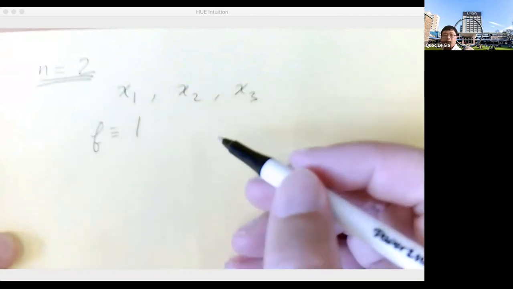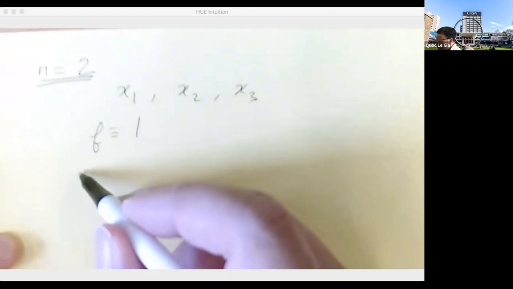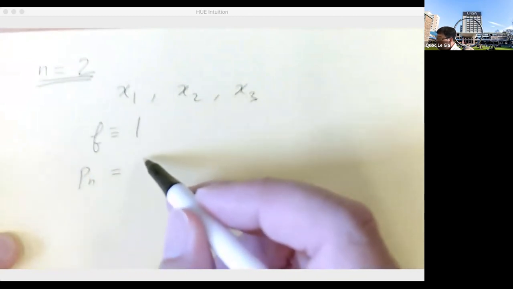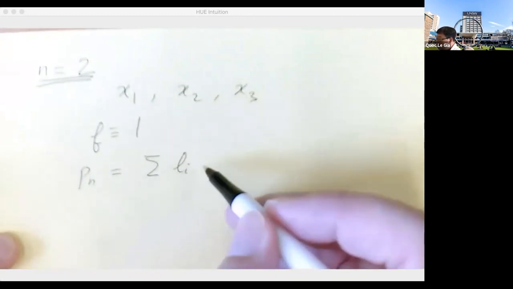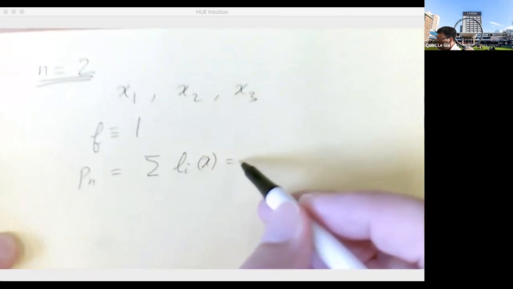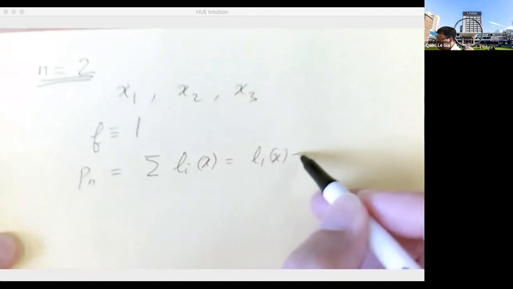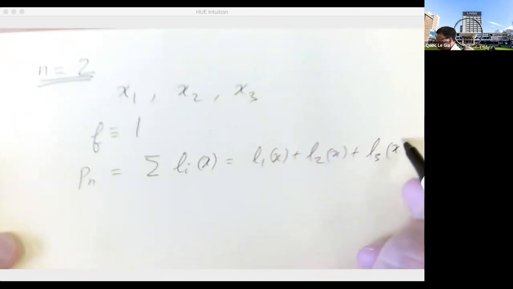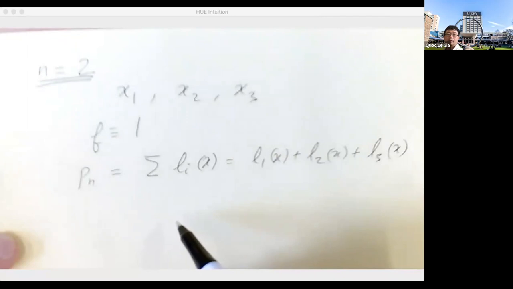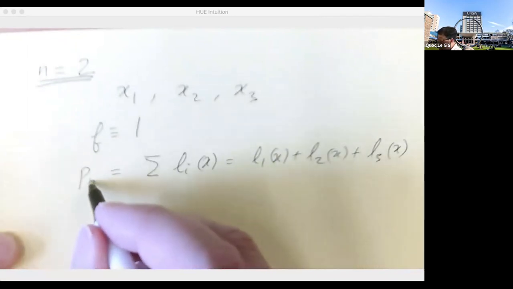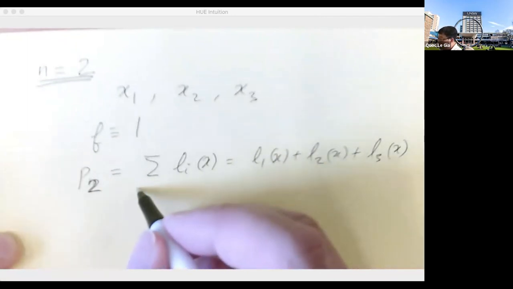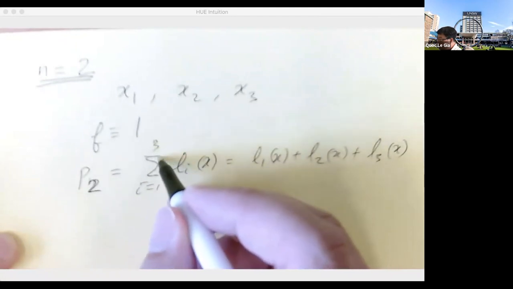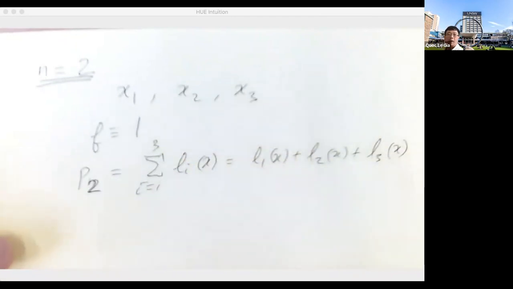Then your Pn will be the sum of Li x, which is L1 plus L2 plus L3. Actually n equal 2, so I should write P2, and i runs from 1 to 3.